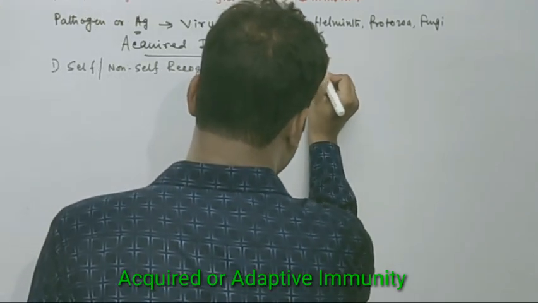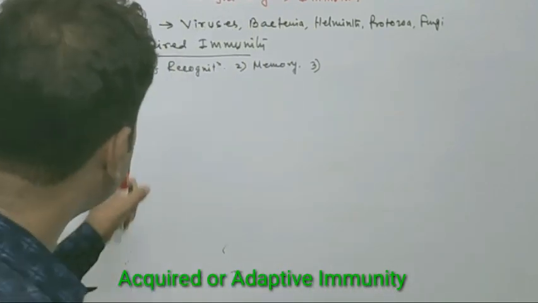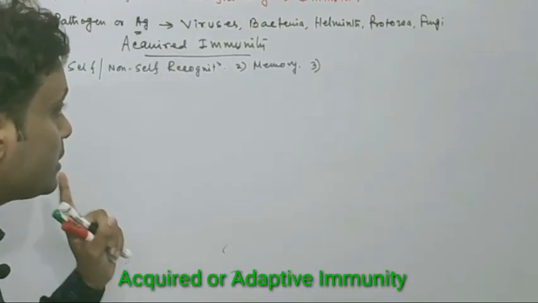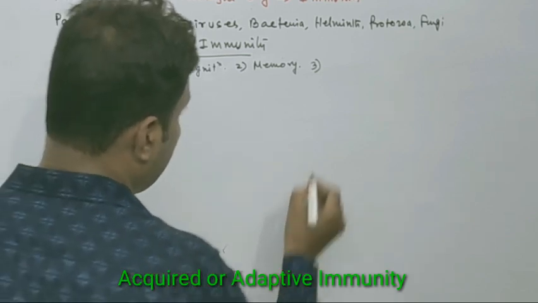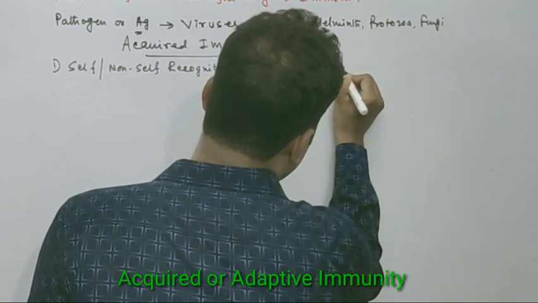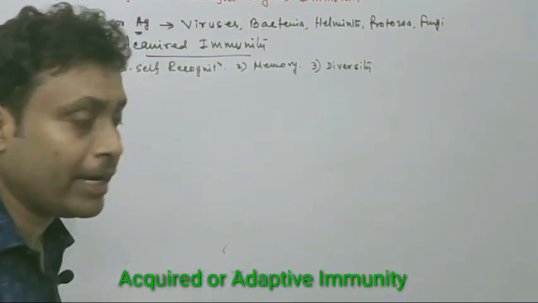The third one is diversity. Our immunological system produces various types of antibody.